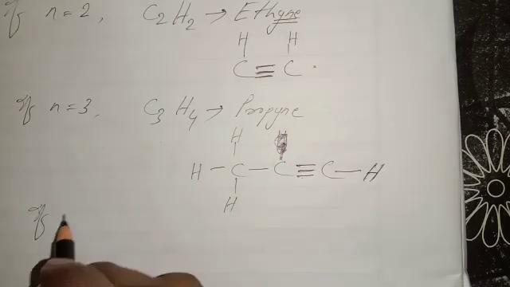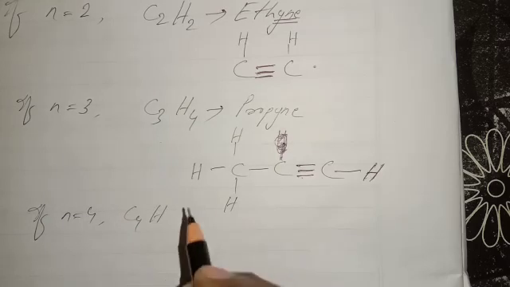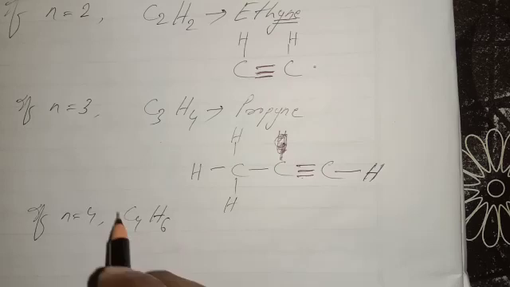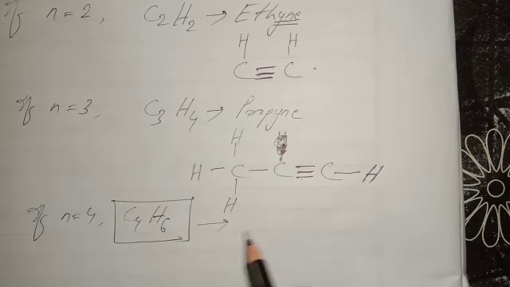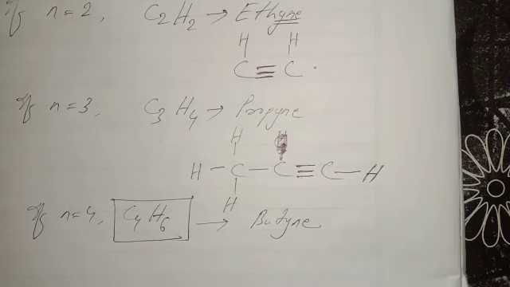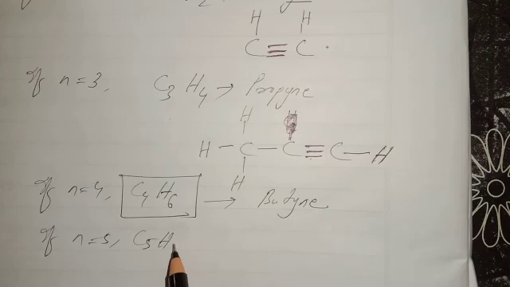And if I put n equal to 4, then this will be C4H, 2 times 4 is 8, minus 2, that is 6, C4H6. As it is C4, the name will be butyne. And if I put n equal to 5, this should be C5H, 10 minus 2, that is 8, C5H8.